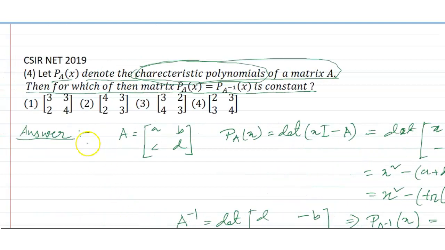So I have to check where the determinant of A equals 1. In the first option it is 3 into 4, 12, minus 6, so this option is wrong, because det of A does not equal 1. Number 2, this option is also wrong, because det of A does not equal 1. This option is correct, det of A equals 1, and this option is also wrong, because det of A is equal to minus 1. So option 3 is correct.